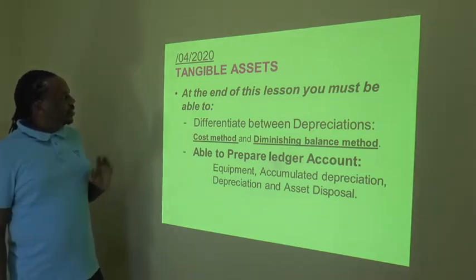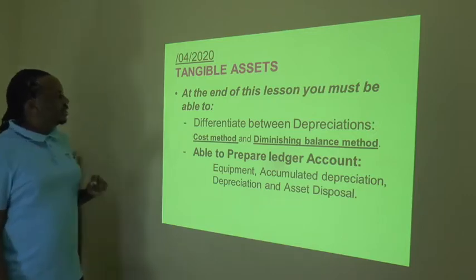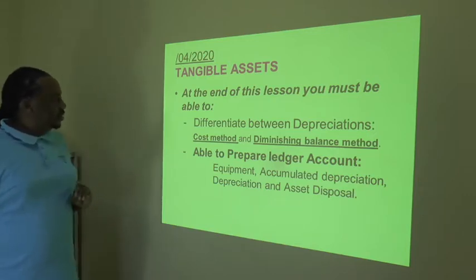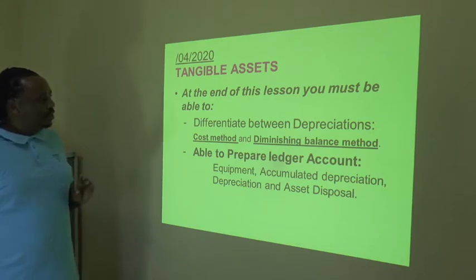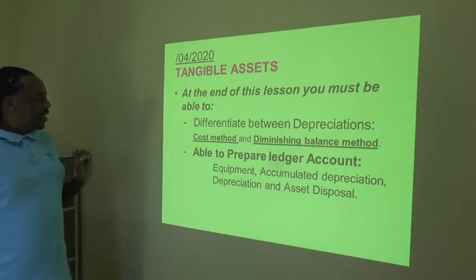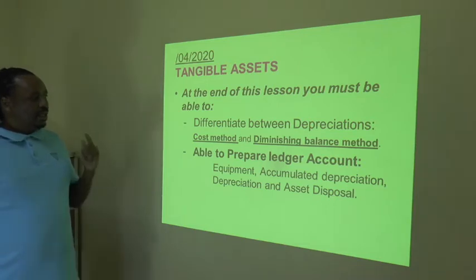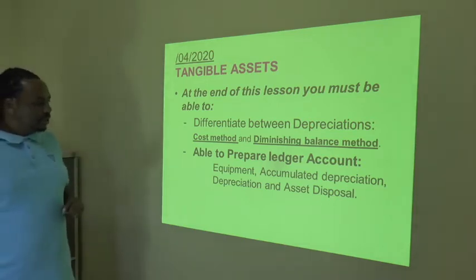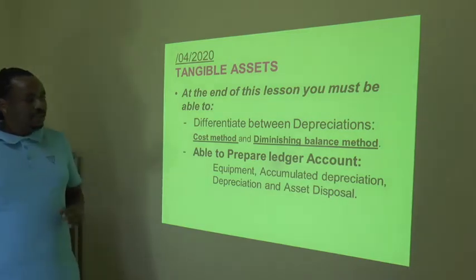Here we are going to ensure that at the end of this lesson we are able to differentiate between depreciation cost method and diminishing balance method, and also prepare the ledger accounts for equipment or a vehicle, accumulated depreciation on equipment or on a vehicle, a depreciation account, as well as asset disposal.